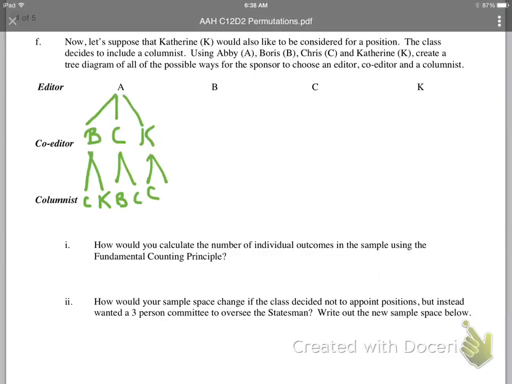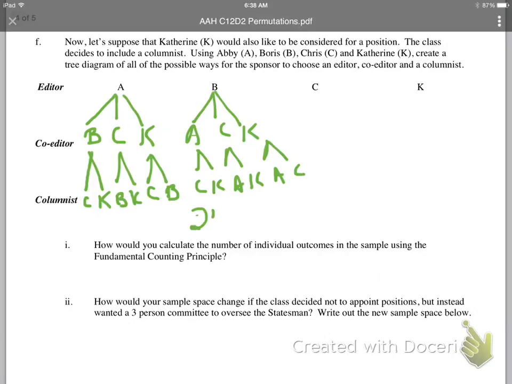This would be your tree diagram. So I'm not going to fill out the whole tree. You can look on my key and see what I did, but it is important that you know how to create a tree diagram. And then what happens is you can total up how many total you have by adding up all the bottoms. So there are a total of 24.